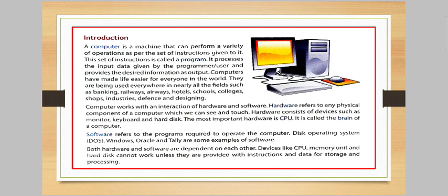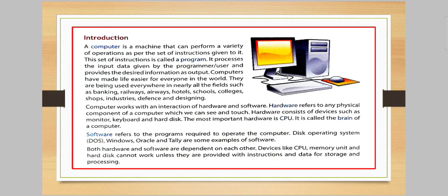Next is software. Software refers to the program required to operate the computer. Unix operating system, DOS, Windows, Oracle, and Tally are some example of softwares. So the software means refers to the program required to operate the computer. Okay, this is called software.